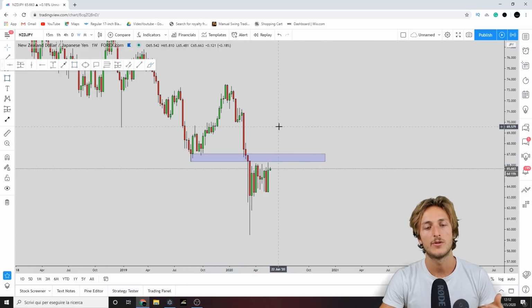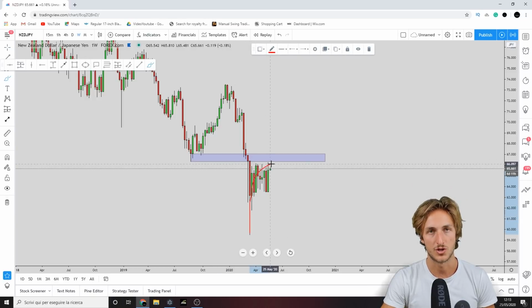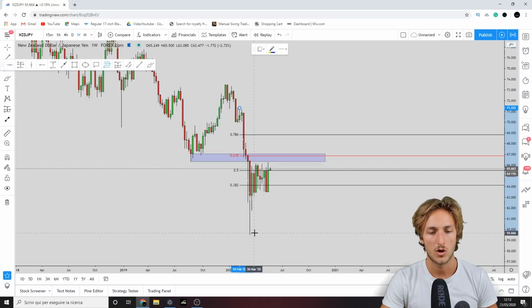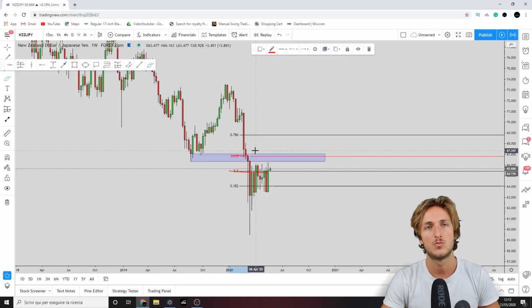Now, as we spoke about many times, if you want information on this retracement, how are you supposed to be measuring this retracement? You're supposed to be taking your Fibonacci from the high to the low of the impulse. And what you can notice is that currently the market is in between the 50% and the 0.618 Fibonacci retracement levels.